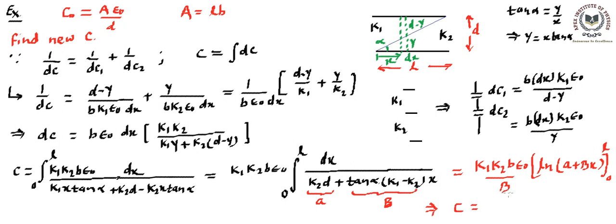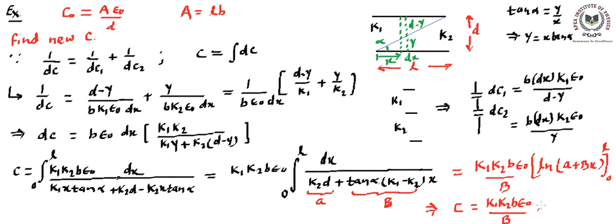So in short, I'm writing what the C is going to be in this particular case. When we place x as L, it becomes L. When we place 0, it becomes 0. So it will be equal to k1 k2 B epsilon naught divided by B. I'm writing it as capital B, where capital B is indicating tan alpha and k1 minus k2.